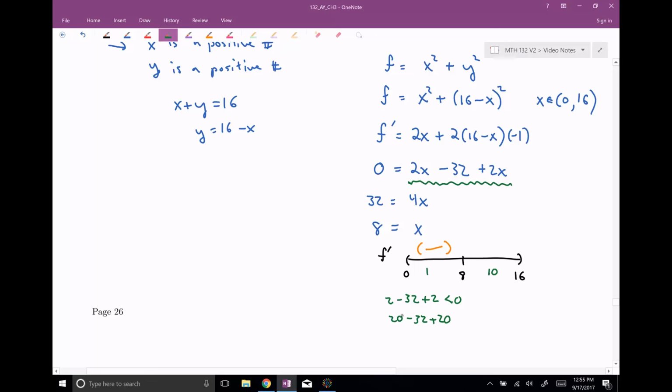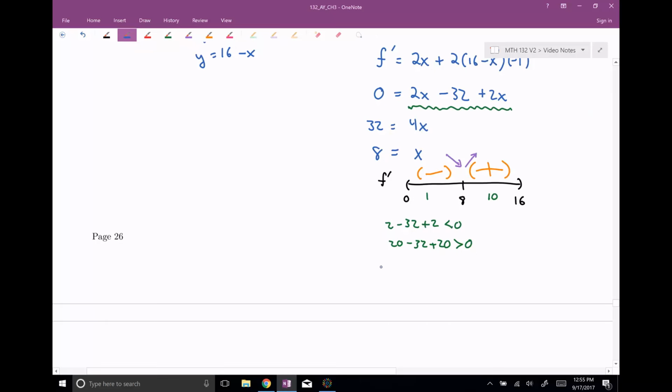That's 40 minus 32, which is 8. But the big thing here is that it's positive. So it switches from negative to positive. The derivative is negative, so the function's decreasing, to positive, the function's increasing. Therefore, at 8, we actually do have a minimum. So x equals 8 is a minimum.